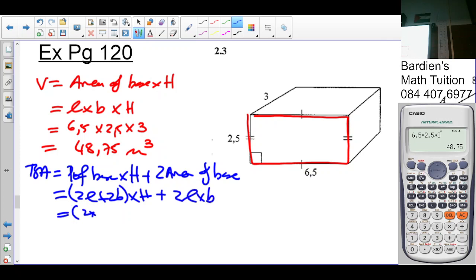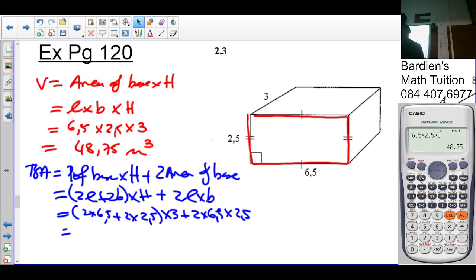So it's going to be 2 times 6.5 plus 2 times 2.5, times 3, plus 2 times 6.5 times 2.5. So you give the answer of 86,5 units.